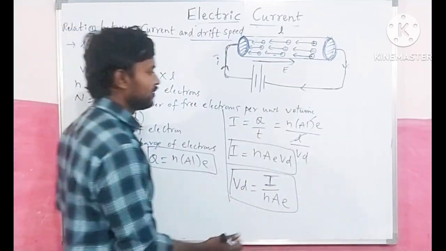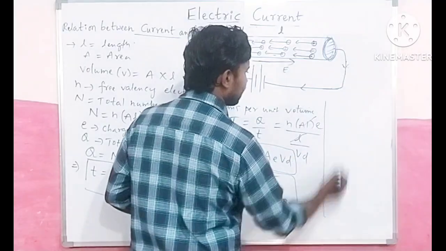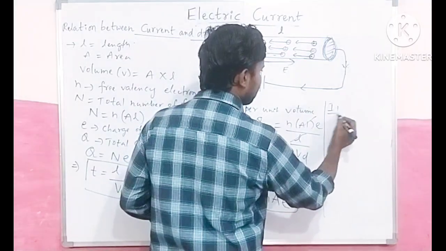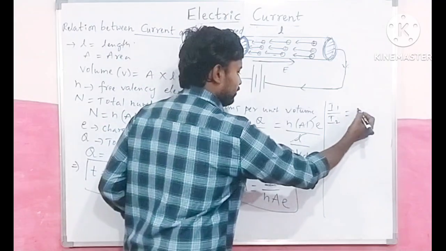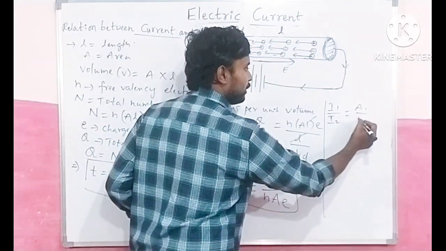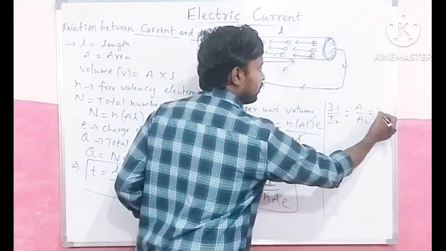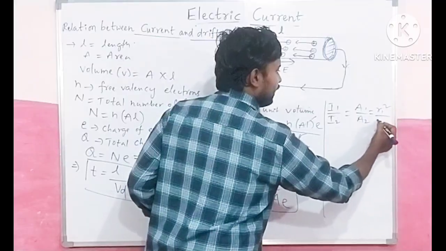From this equation we can directly write I1 by I2 equals A1 by A2, which is equal to r1 square by r2 square.